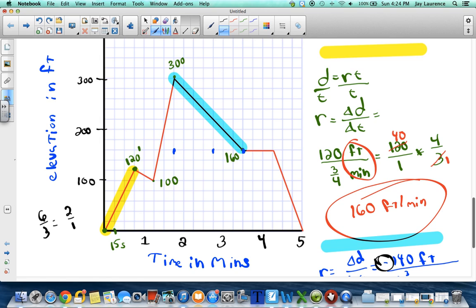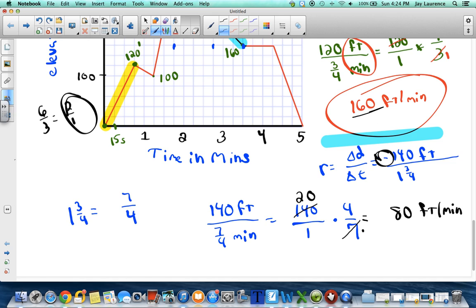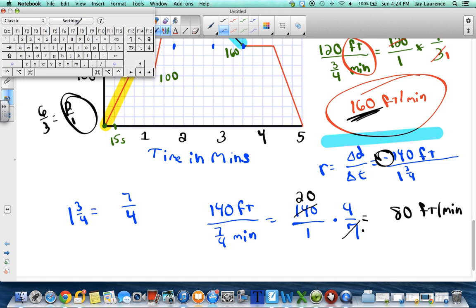It's going down 7 over 7, or better yet, 1 over 1, simplified. So the yellow one is climbing up twice as fast, isn't it? Isn't 80 times 2 160? So you see, it makes sense on so many different levels.